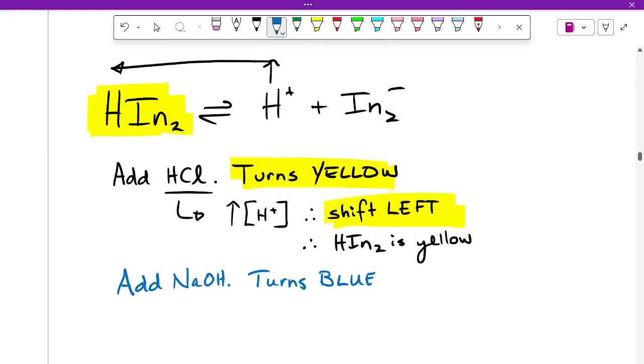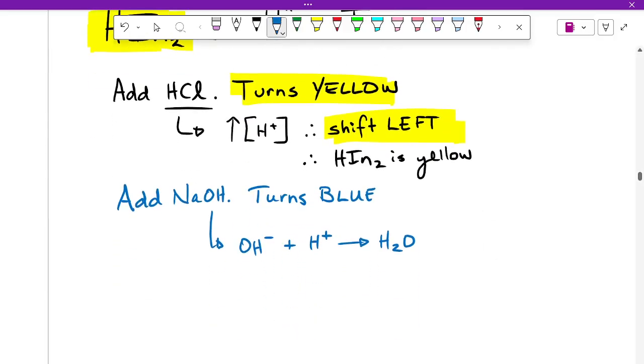Now there's no OH in that equilibrium. But does OH affect that equilibrium? Yes, because OH minus reacts with H plus to form water. And that means are we making H plus or using H plus up? We are using H plus up. And therefore, the concentration of H plus goes down.